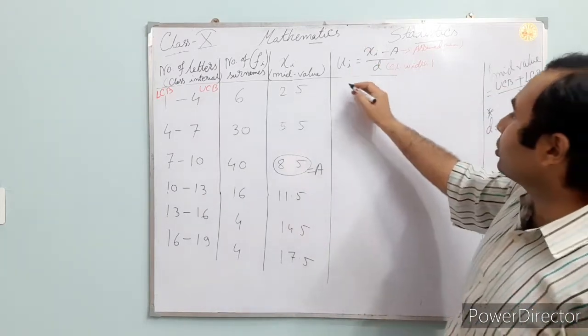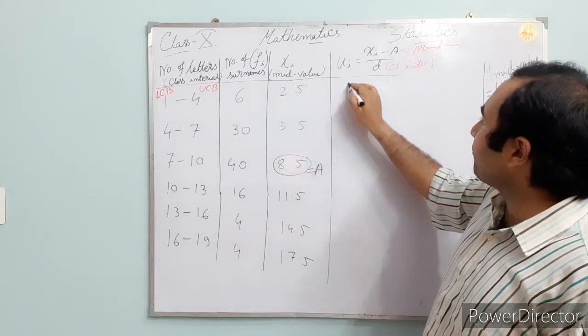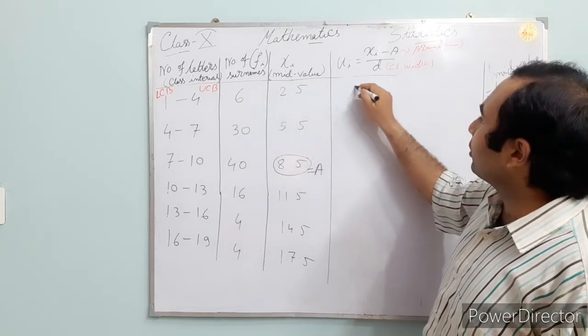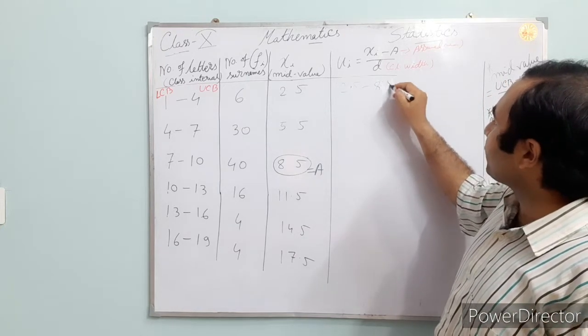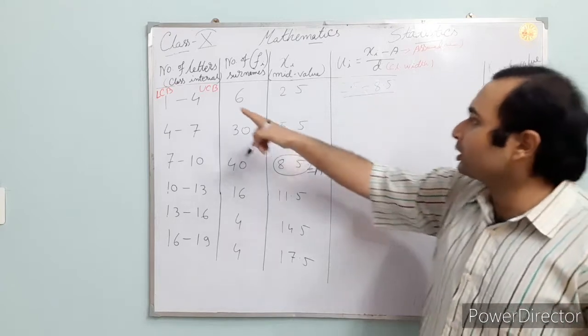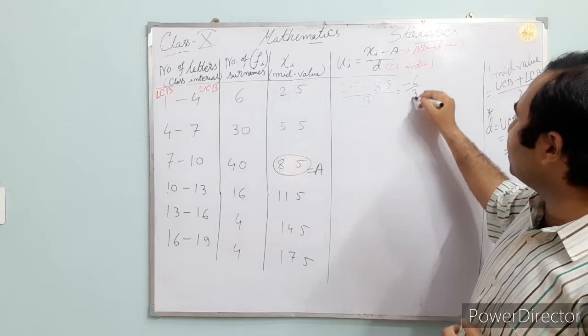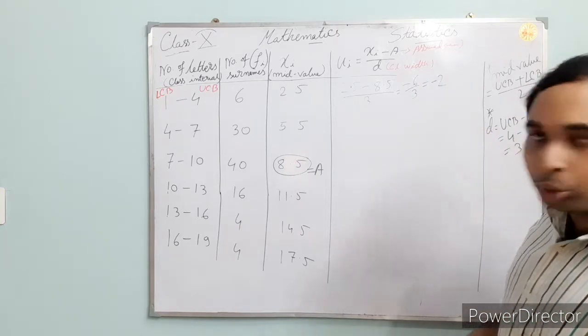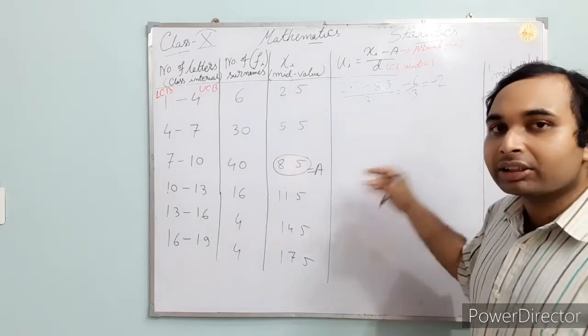I am showing you. So xi minus A, xi is 2.5 and A is 8.5, 2.5 minus 8.5 by D. D means here 3. So here it is minus 6 by 3. So it is minus 2. You have to do the first calculation like that. After that the symmetry will come.